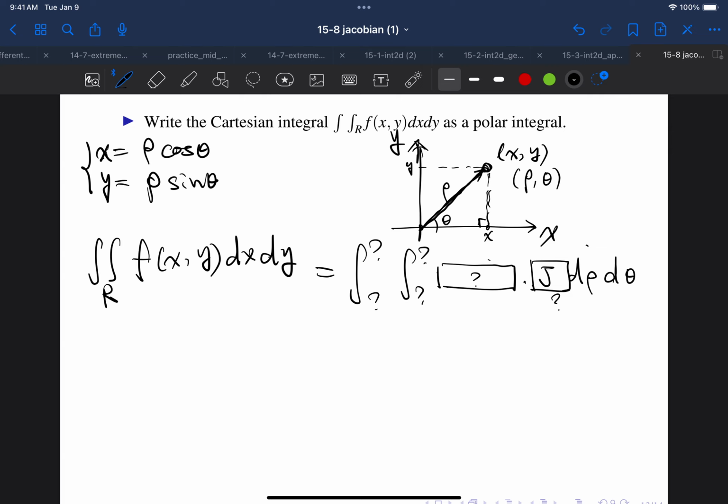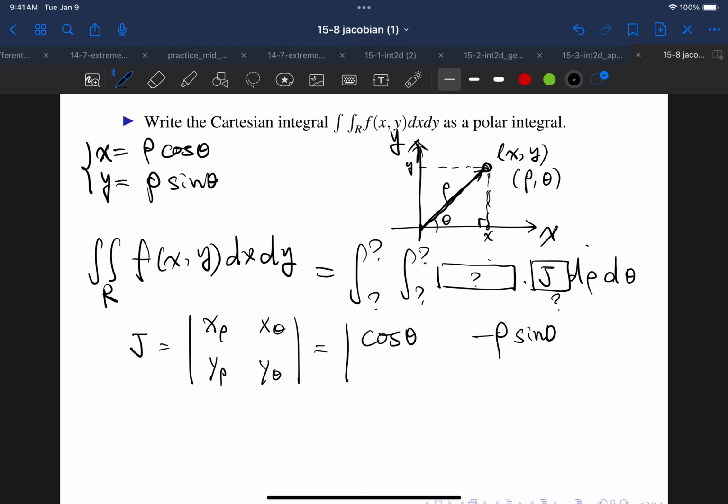Now first I want to find the Jacobian for this system. So this is x rho, x theta, y rho, y theta, right? And x rho, so the rho derivative is cosine theta. For x theta, it's negative rho sine theta. And for y it's similar: y rho is sine theta, and y theta is rho cosine theta.